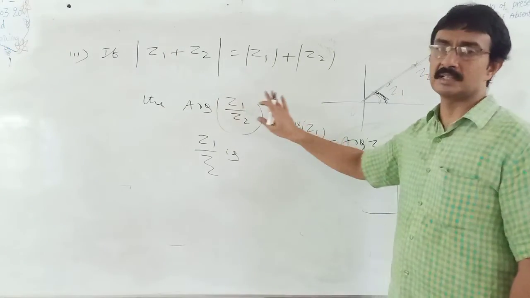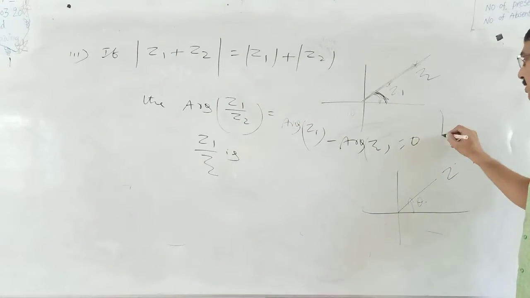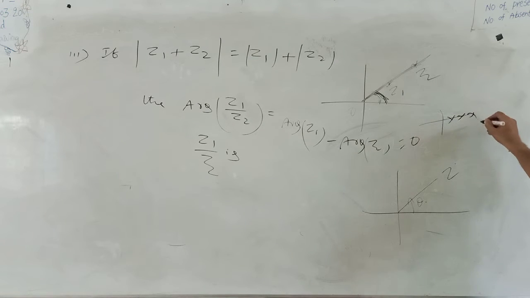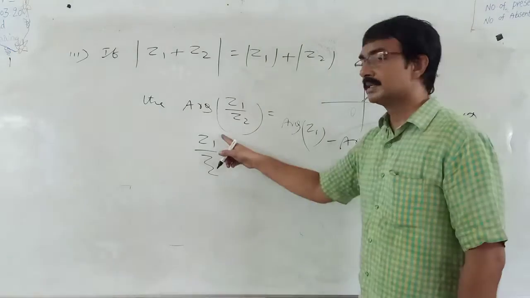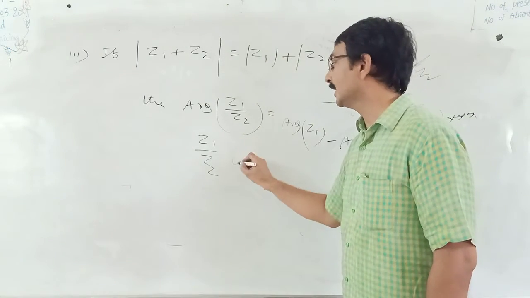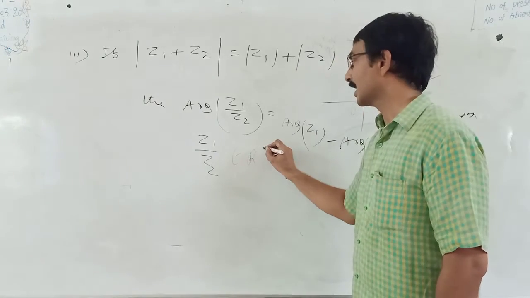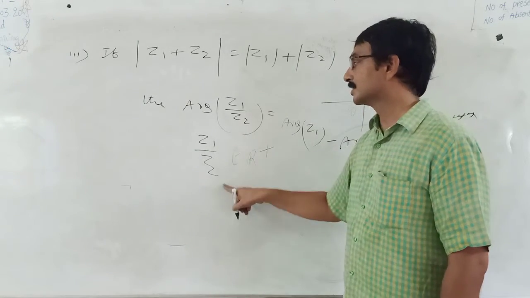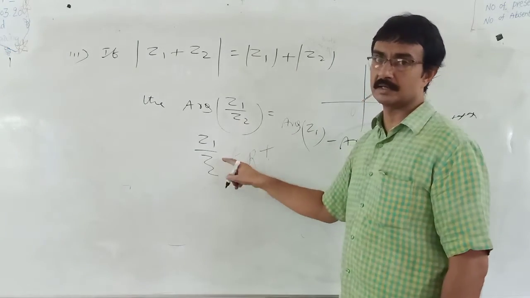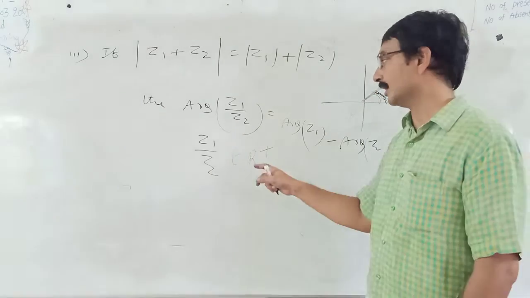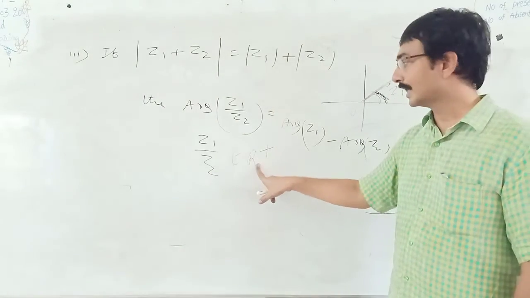Argument of a complex number is 0 means that point must lie on the positive real axis. Argument of 2, argument of 3, argument of 4, argument of 5 and so on, all 0. Therefore, Z1 by Z2 is a purely real number, like 1, 2, 3, 4, 5, 6 and so on. So one of the options is positive real number.